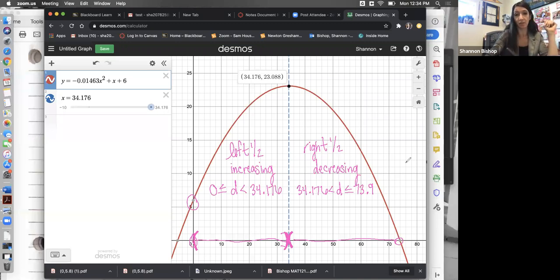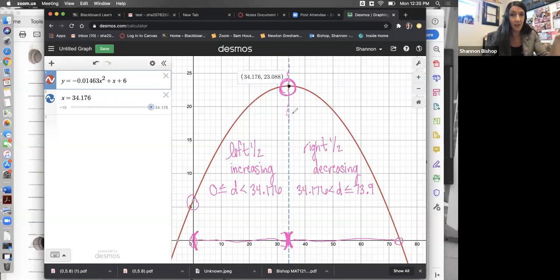And that's because the vertex is indeed the dividing line between the two halves. Yes, it is the dividing line. But at that exact moment, at 34.176, it is neither increasing nor decreasing. You're done traveling uphill, and then you hit that peak. You're in limbo for just a second. And then you start traveling downhill.